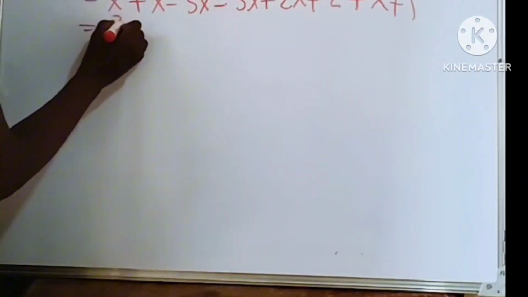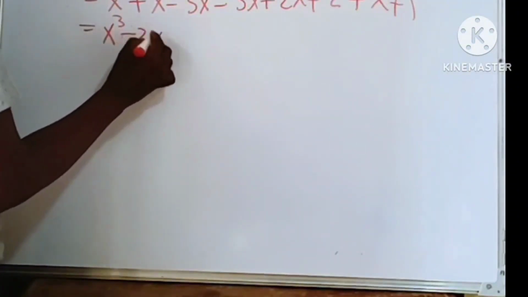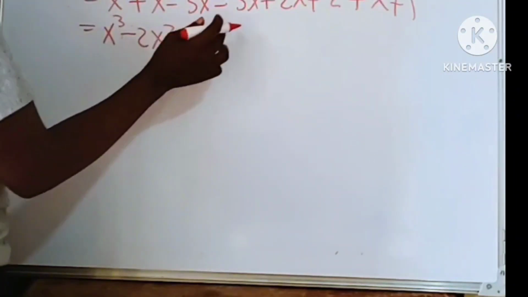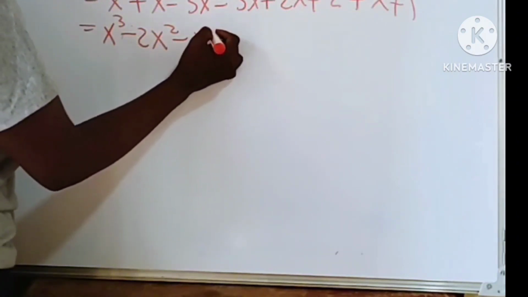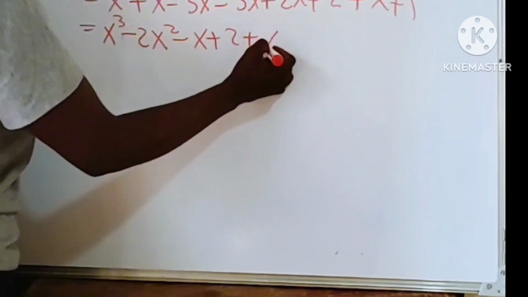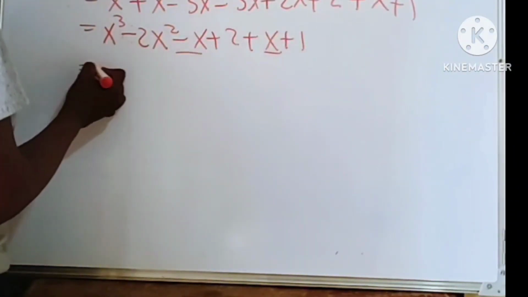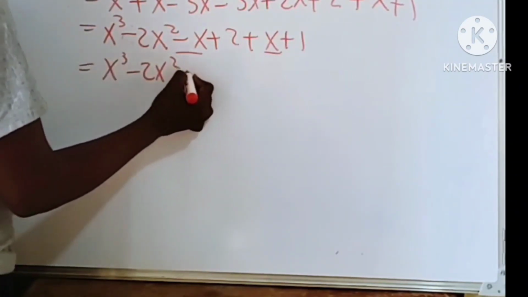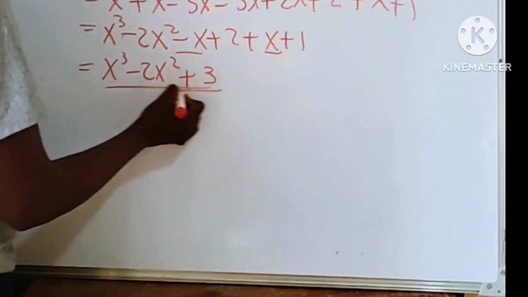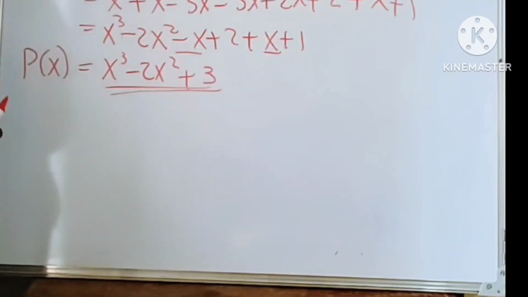That is going to give us x cubed minus 2x squared minus x plus 2 plus x plus 1. So this and this will cancel out. We're going to have x cubed minus 2x squared plus 3. So this is what P of X is. P of X is equal to x cubed minus 2x squared plus 3.